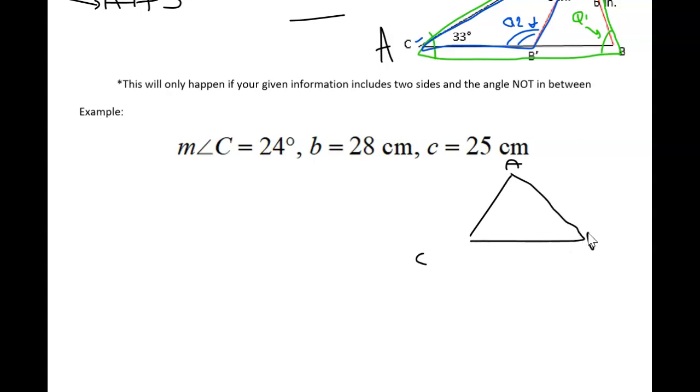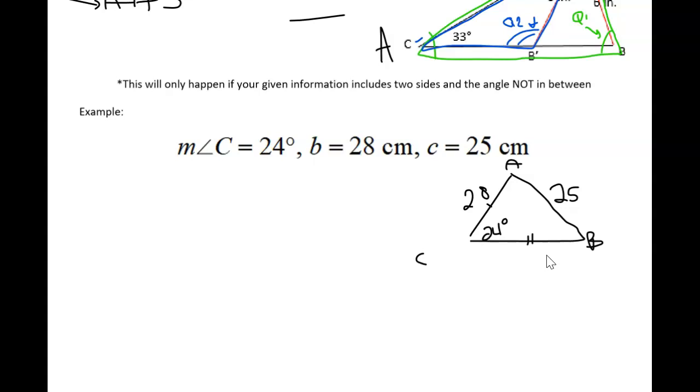We're actually given angle C, so let's fix that. Now we're given side B, so this is in position to sandwich the angle, but then we're given the side across from it. So you basically have the potential for the ambiguous case if you're given one angle and the side across from it instead of the 2 sides on either side.